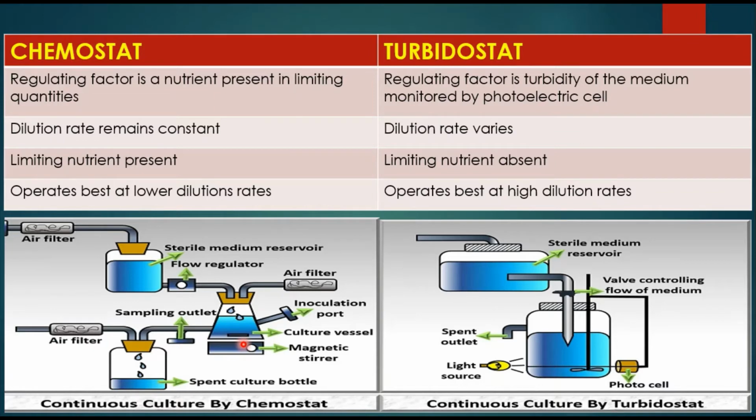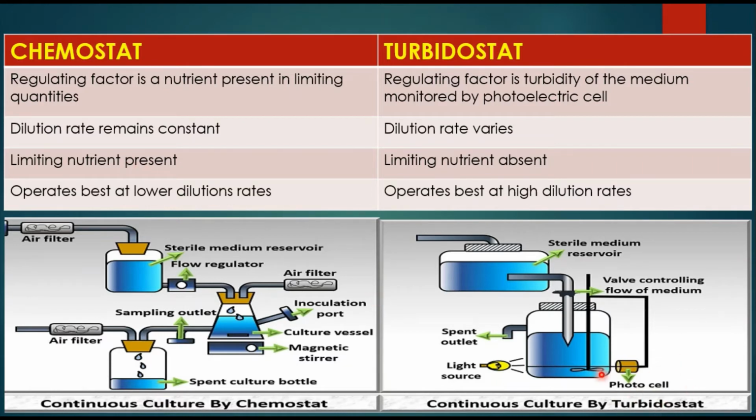Two elements are used in control of this chemostat: one is the dilution rate and the second one is the concentration of limiting nutrient, for example an amino acid. Because of the presence of a limiting nutrient, the growth rate is determined by the dilution rate in the growth chamber. And finally, the cell density depends on the concentration of the limiting nutrient.